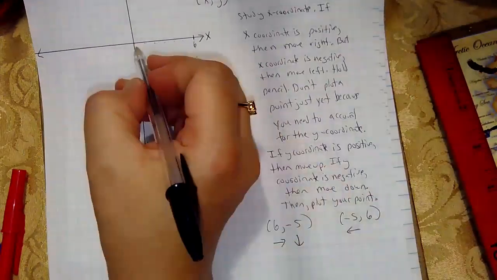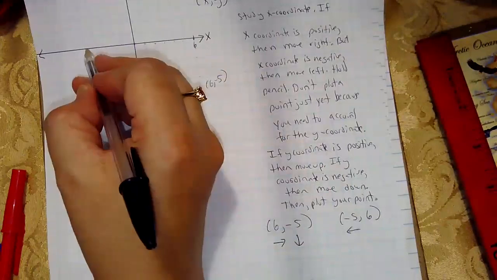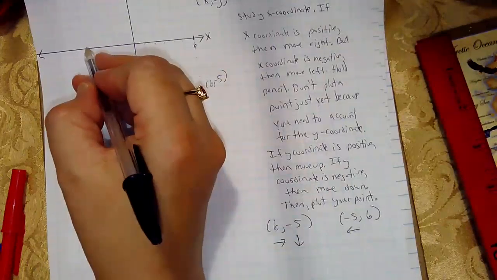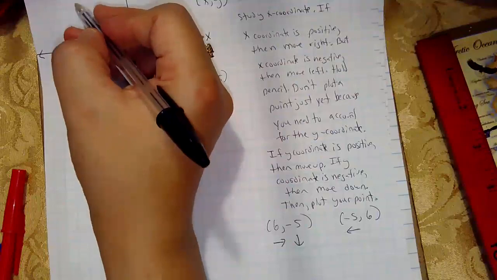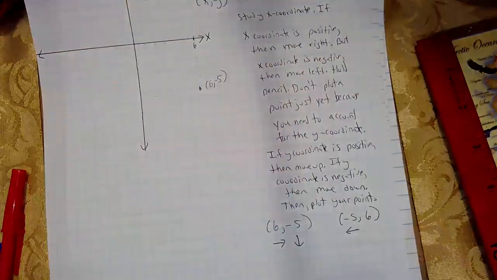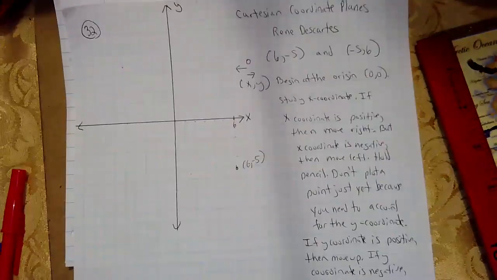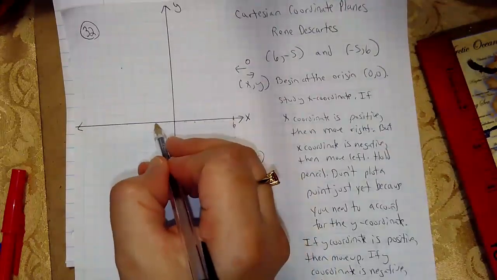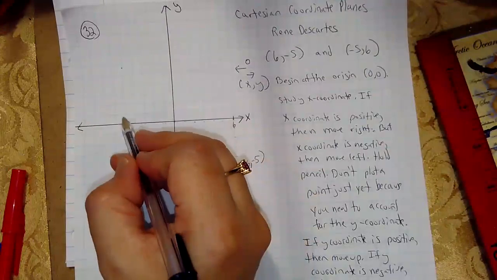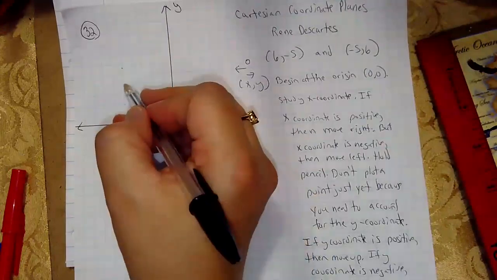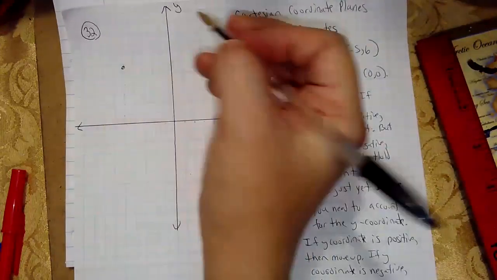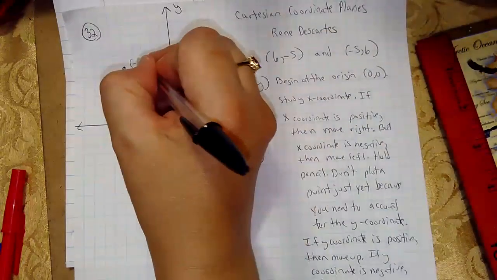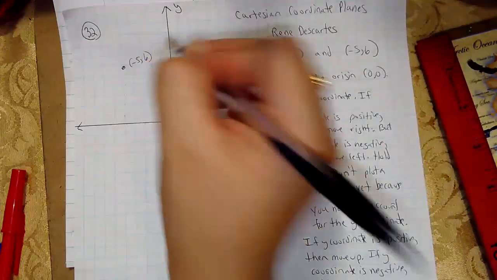So 1, 2, 3, 4, 5. Hold my pencil, and then I'm going to go up. 1, 2, 3, 4, 5, 6. Okay. So I go left, and then I go up. So I'm right here. And I'm going to plot that point, negative 5, 6.